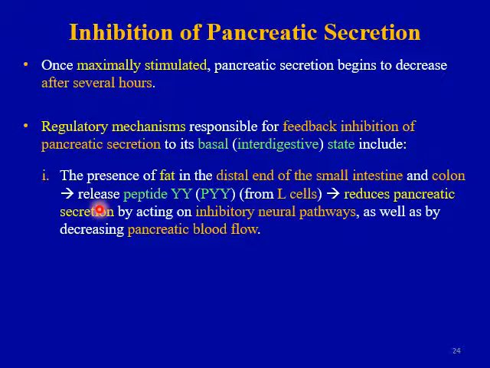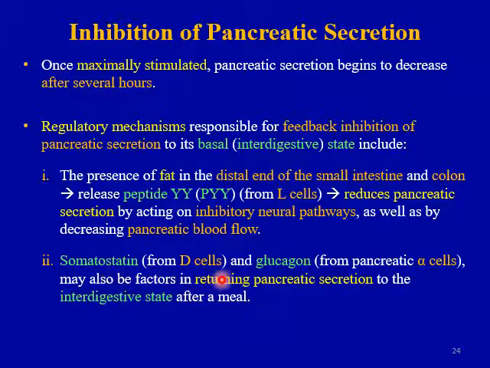This will stimulate the release of peptide YY, or PYY, from the L cells present in the glands of the terminal ileum and the colon. This hormone will reduce pancreatic secretion by acting on inhibitory neural pathways, as well as by decreasing pancreatic blood flow.